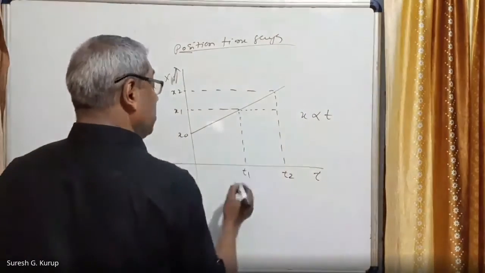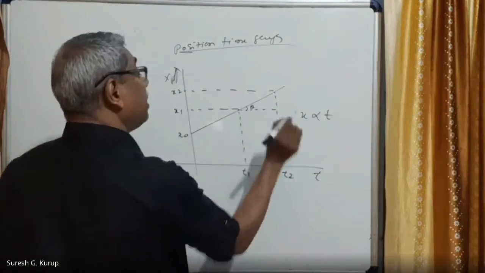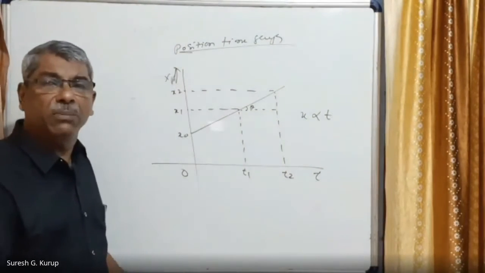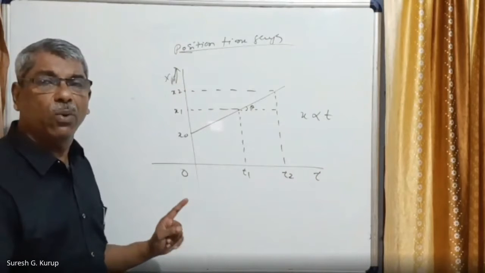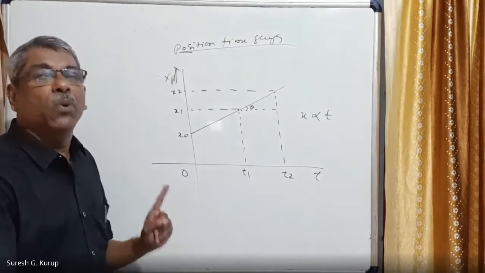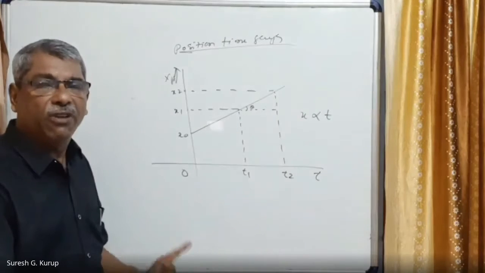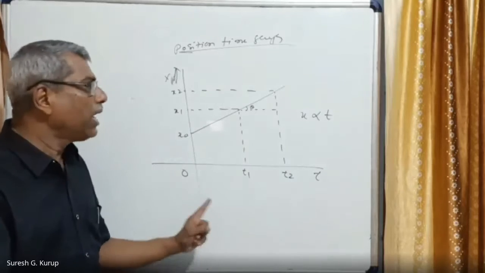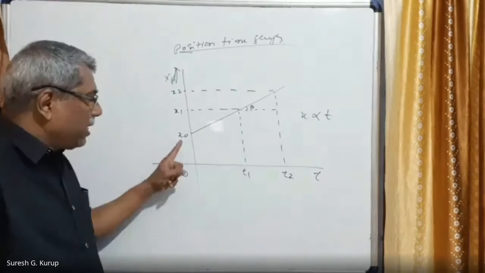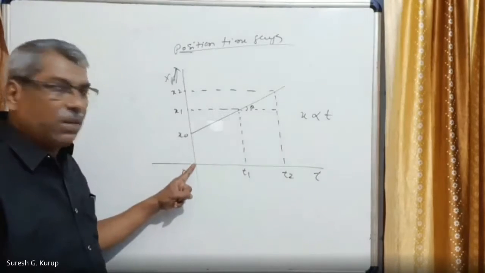So this is the position time graph of a body which is moving with uniform velocity. When a body moves with uniform velocity, the position time graph will be a straight line inclined to the time axis, right?